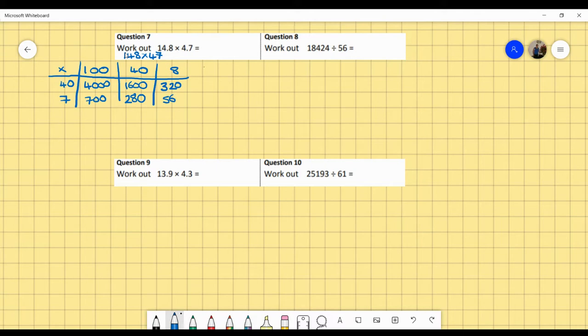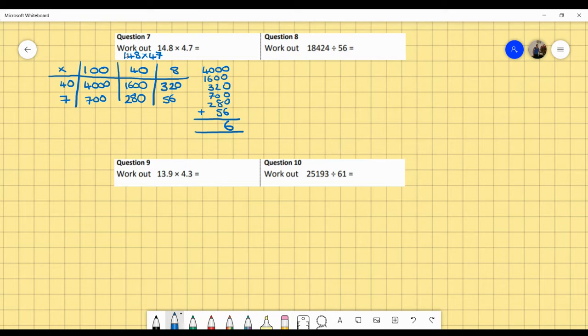At this point, we want to add up all of those values. So we've got our 4,000, 1,600, 320, 700, 280, and 56. Our units column gives us 6.